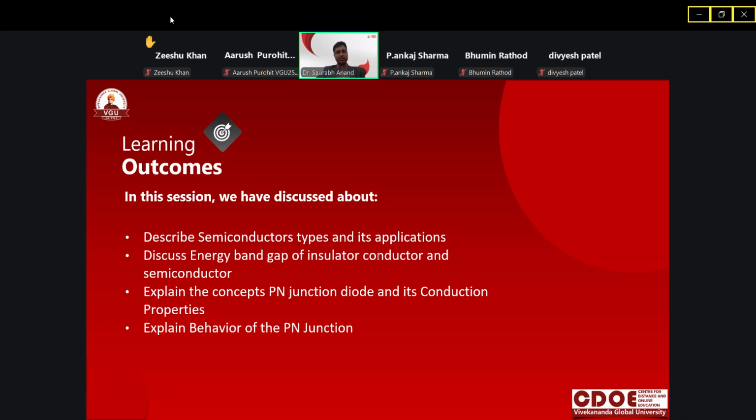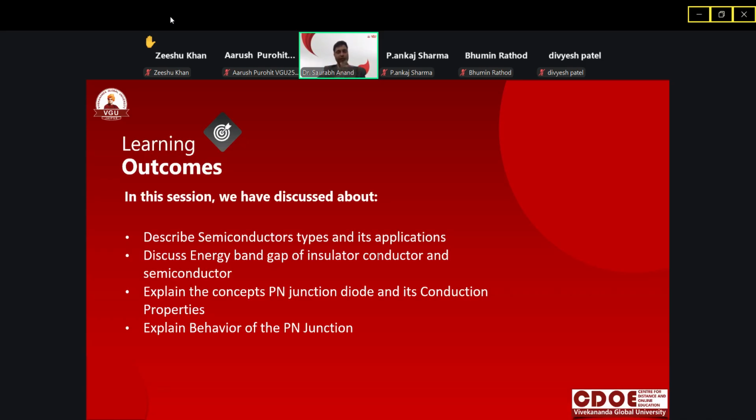Gandhinagar station has no junction. Why? Because there is one line which comes from that side and goes through it, so that is only a station. But junction means both lines meet at that point. So two things meeting at some point is known as a junction.